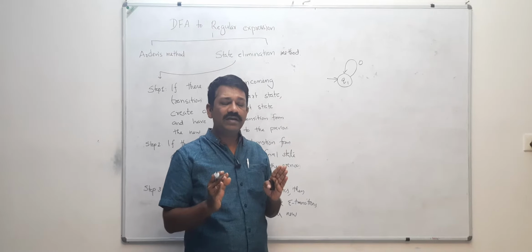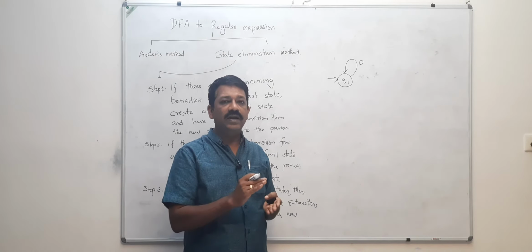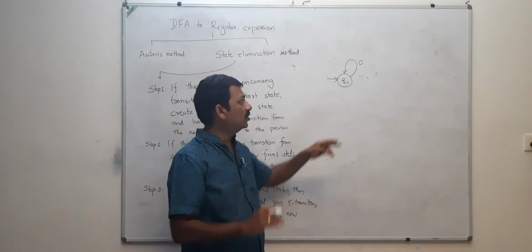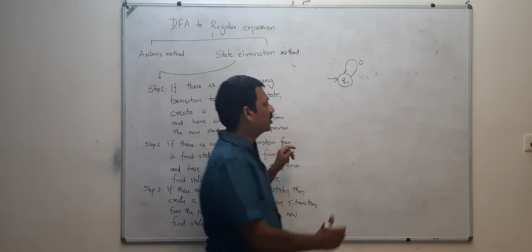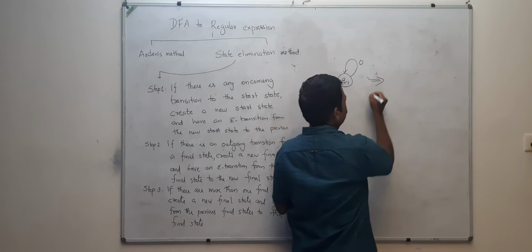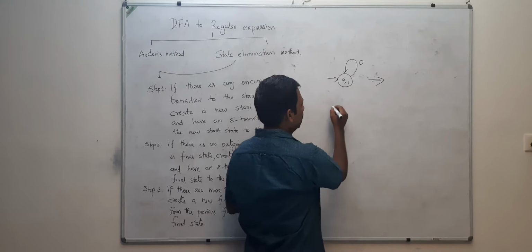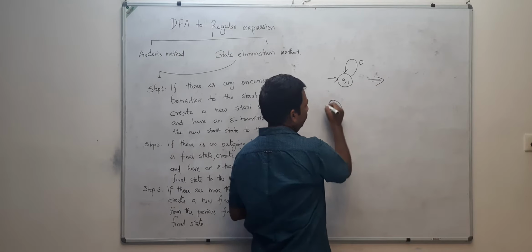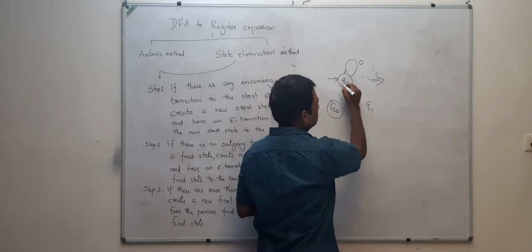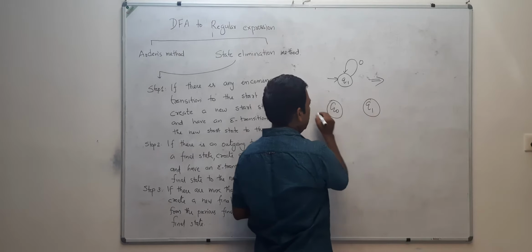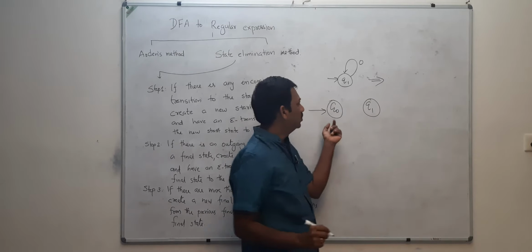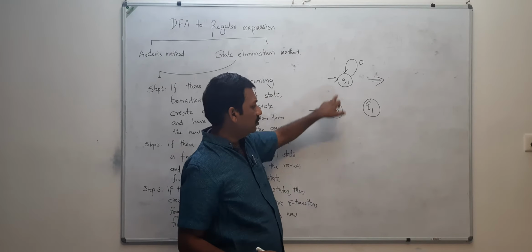If there is any input transition coming to the start state, you have to replace it with this equivalent: you are going to create a new start state Q0 and this is the original start state, and now you have to make this new state the start state.